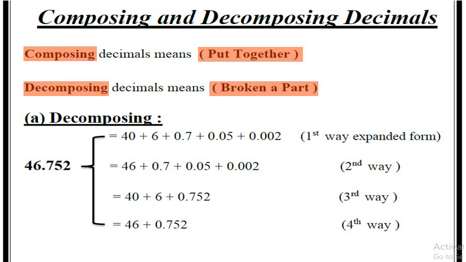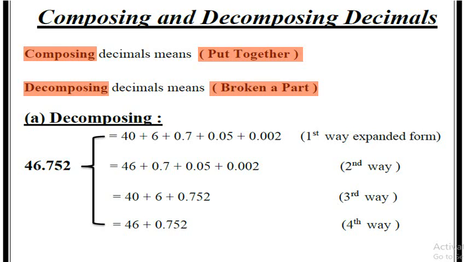And the second way, I will take the whole part as it is and decompose the decimal part. So it will be 46 here, the whole part, plus the decomposed decimal part. 7 in the tenths place will be 0.7 plus 5 in the hundredths place, so it will be 0.05. 2 in the thousandths place will be 0.002. And the third way is I'm going to decompose the whole part and leave the decimal part as it is.